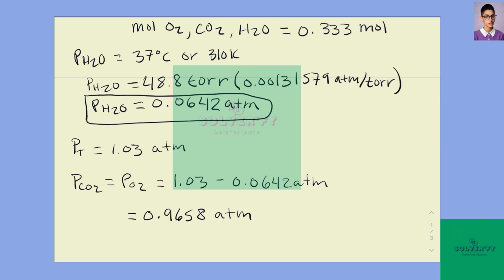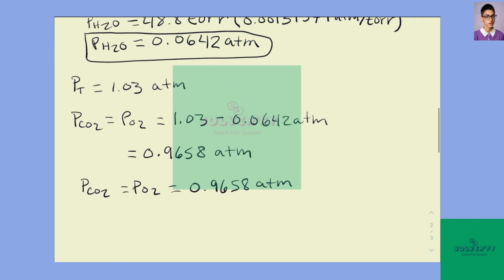So to get the partial pressure for CO2 and oxygen, we're just going to divide this number by 2. 0.9658 divided by 2 is going to equal 0.4829 atmospheres.